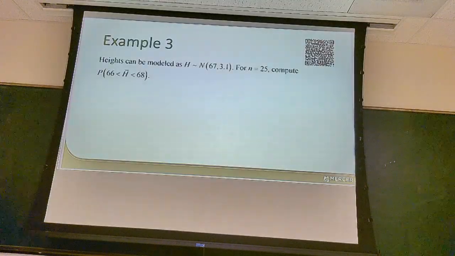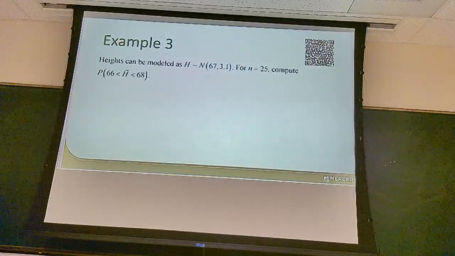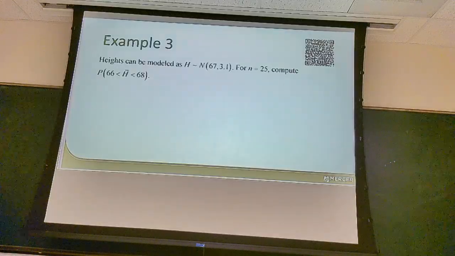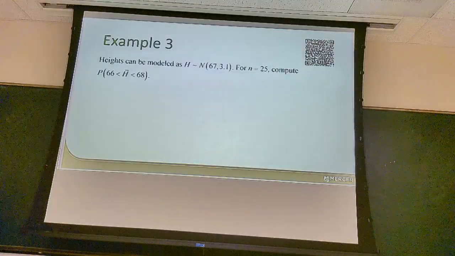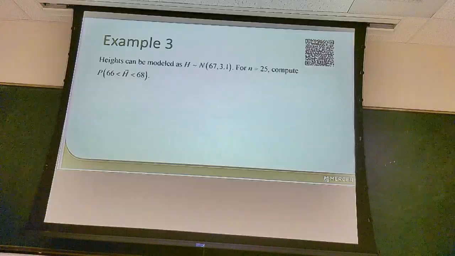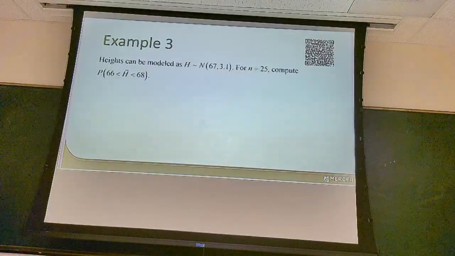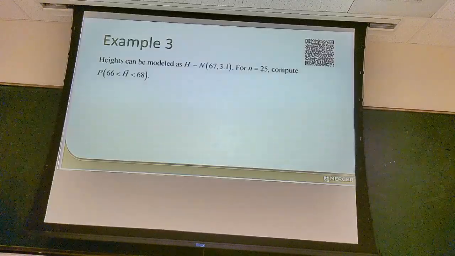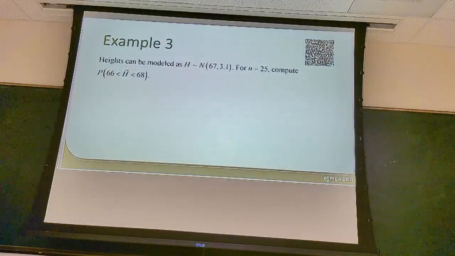So heights can be modeled as a normal distribution for a sample size, a random sample of 25. Compute the probability that the average height is between 66 and 68. Can we assume H bar is normal? No. Why do you say no?